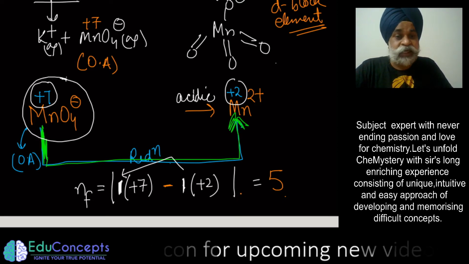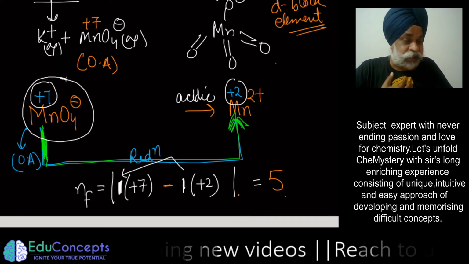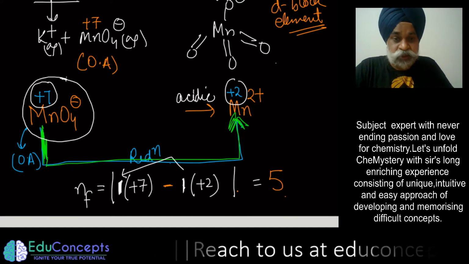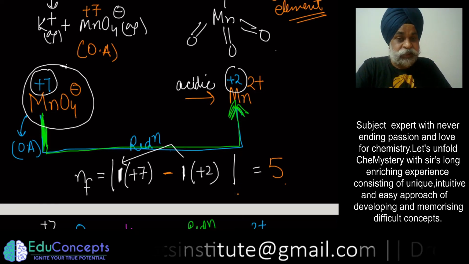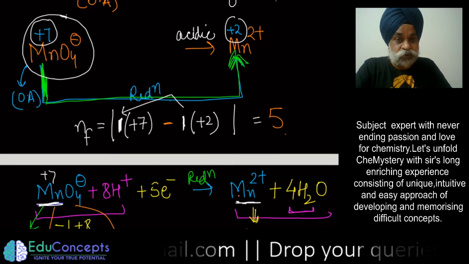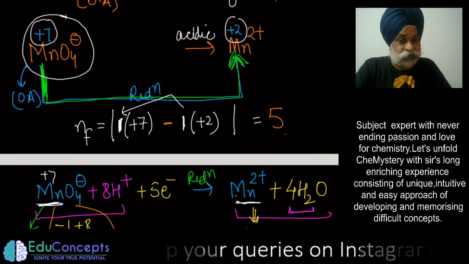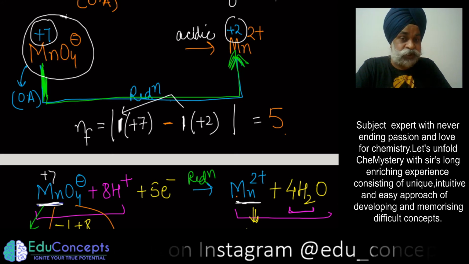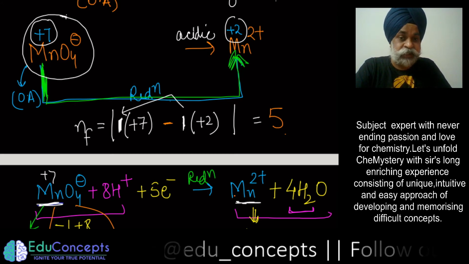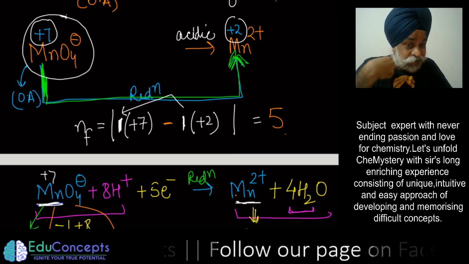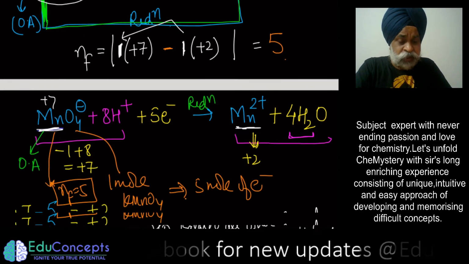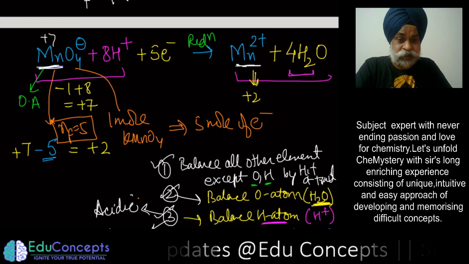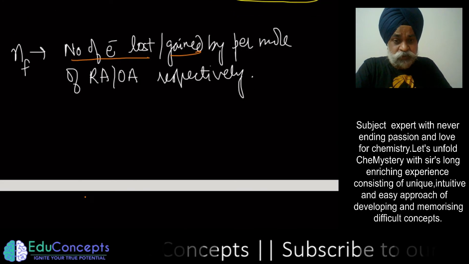Here I haven't done any balancing, I have ignored it. So it is now your discretion whether you want to go this way or with the balancing. Both ways are correct, but at times you would see in upcoming sessions that balancing is required to find the N factor. That would come in the upcoming cases. So this is quite clear to all of you.